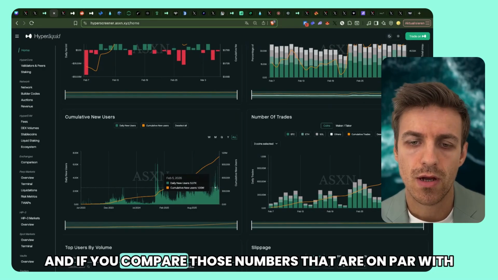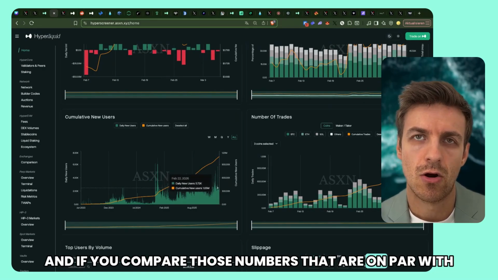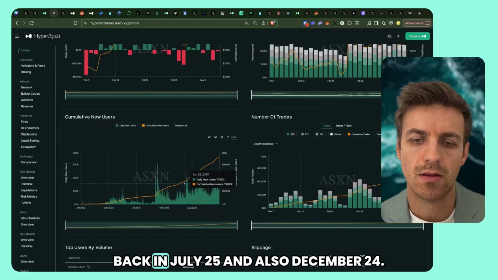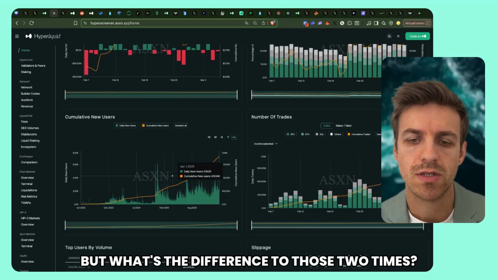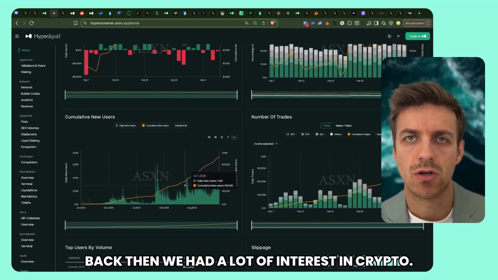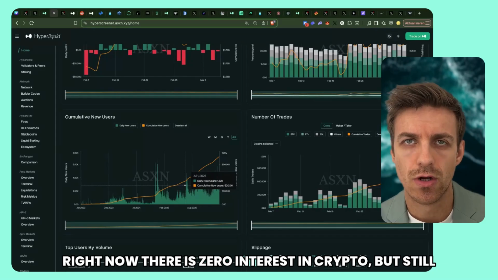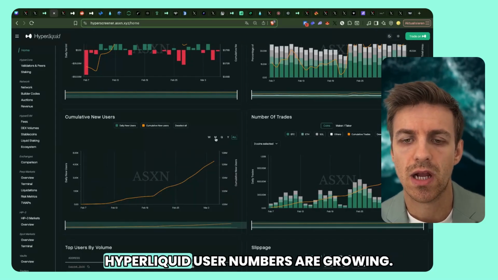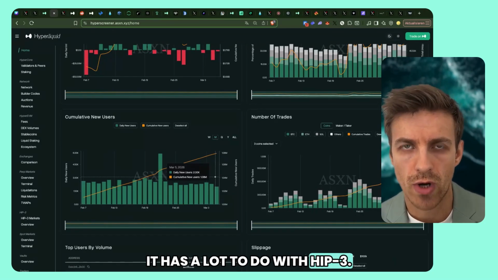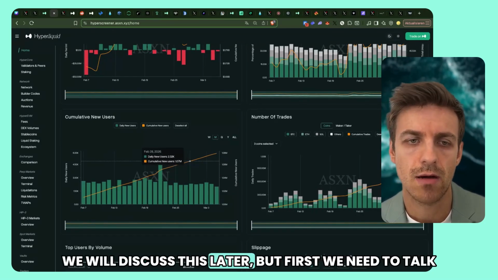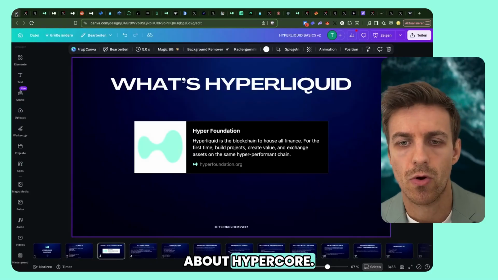And those numbers are on par with back in July 25 and also December 24. But what's the difference to those two times? Back then we had a lot of interest in crypto. Right now there's zero interest in crypto, but still Hyperliquid user numbers are growing. Why is that? It has a lot to do with HIP-3. We will discuss this later, but first we need to talk about HYPERCORE.